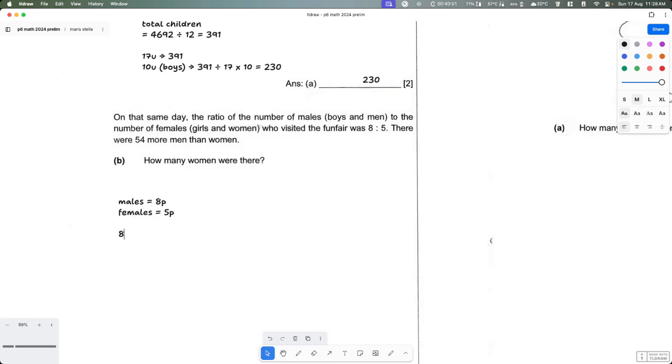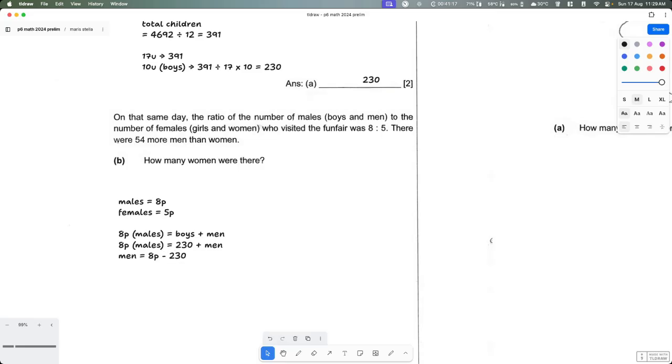So males is equal to boys plus men, so men is equal to 8 parts minus 230.